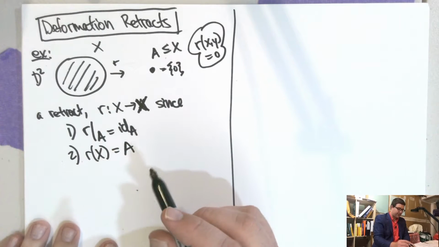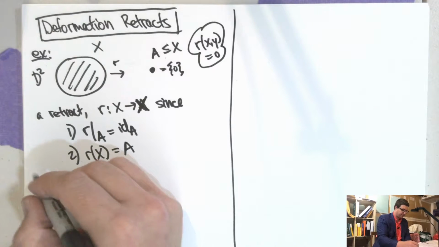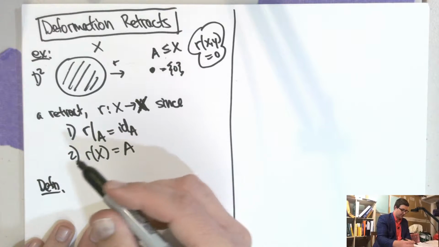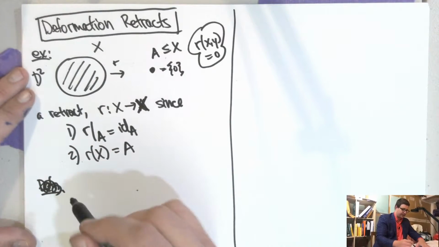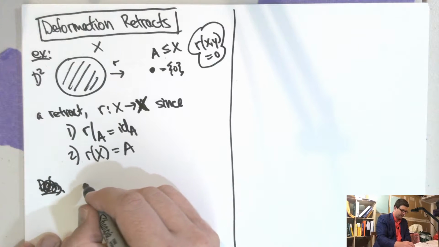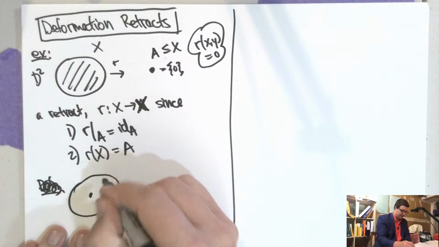Okay, so what's a deformation retract? A deformation retract is one that deforms. So we can continuously deform it here.